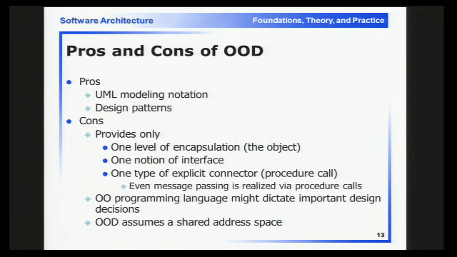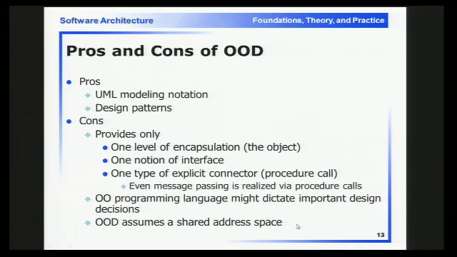When object-oriented languages were originally created, they assumed a shared address space, and they have a lot of internal housekeeping support for the heaps and stacks, those kinds of shared address space constructs in object-oriented programming languages.